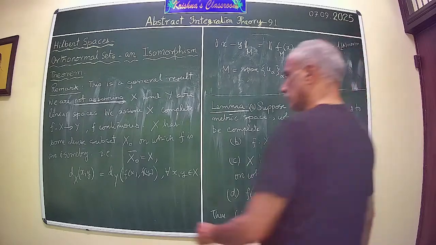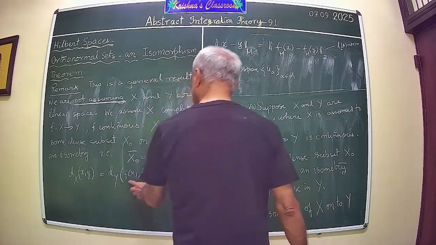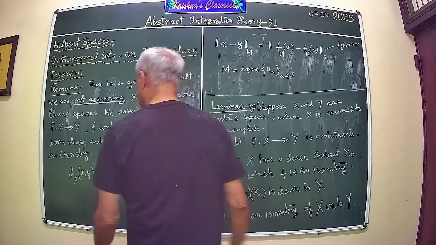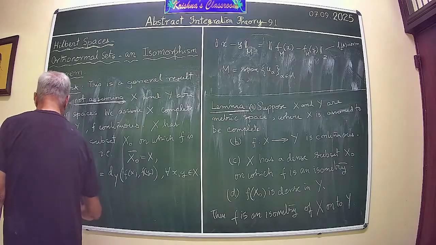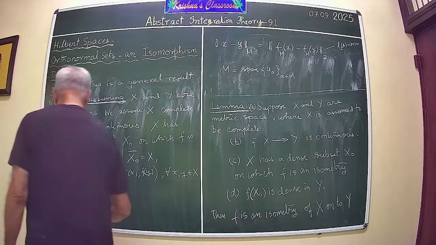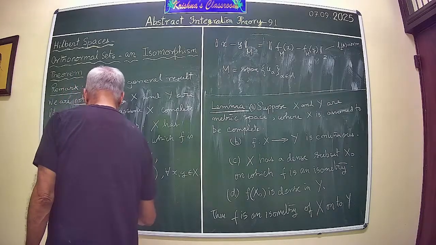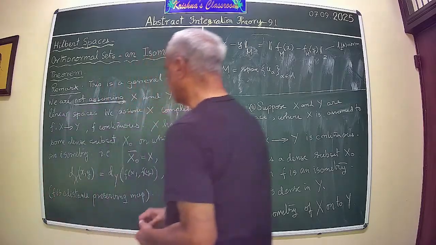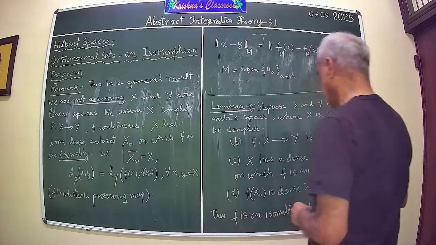That means the distance from x to y is the same as the distance from f(x) to f(y). So it is a distance preserving map. That is the meaning of isometry.